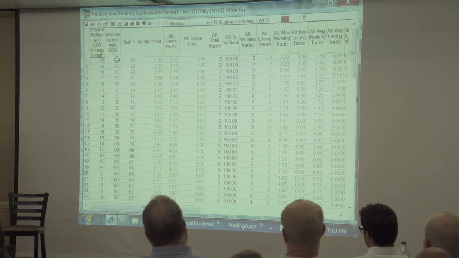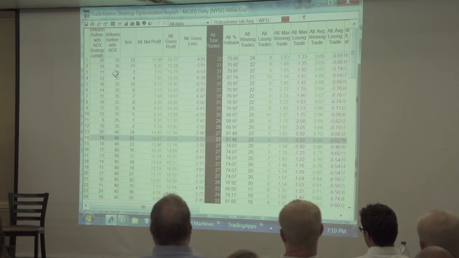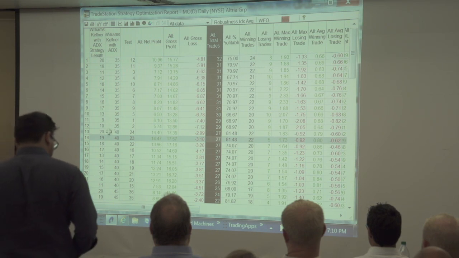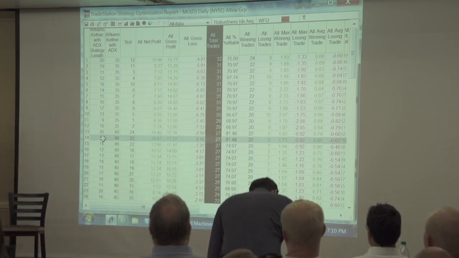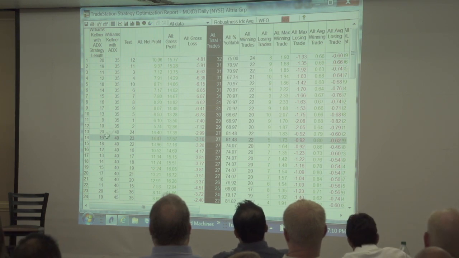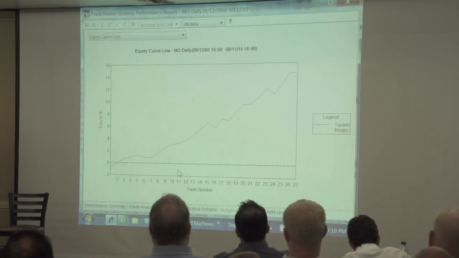With an ADX of 65, all of the trades were successful, but not very many of them. With ADX at 35 and a Keltner band at 20, you've got 75% winners on 32 trades. If we look at our setting of ADX at 40, a Keltner band of 19, you've got a pretty nice profitable trading strategy. And if we look at that over here, we see that has been about the optimal way of trading.